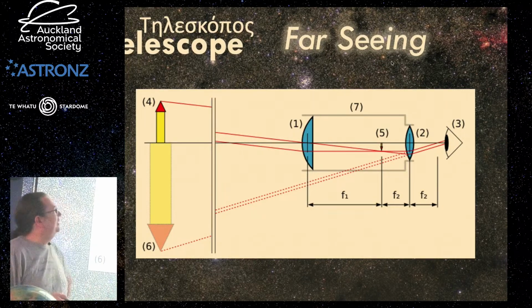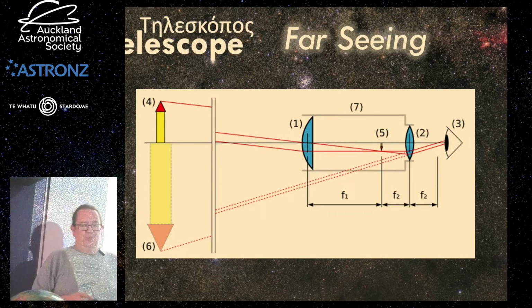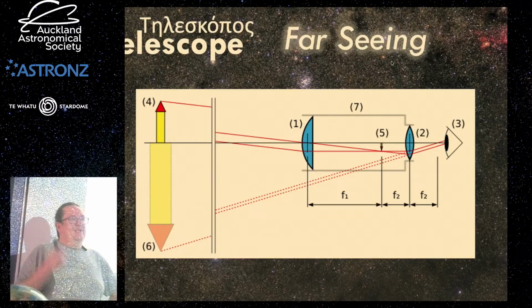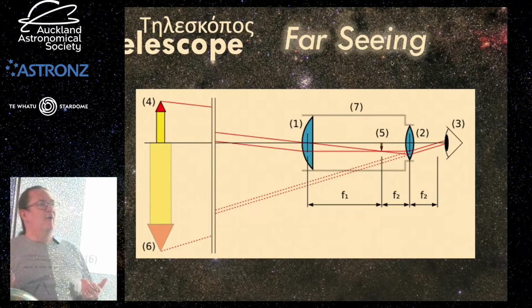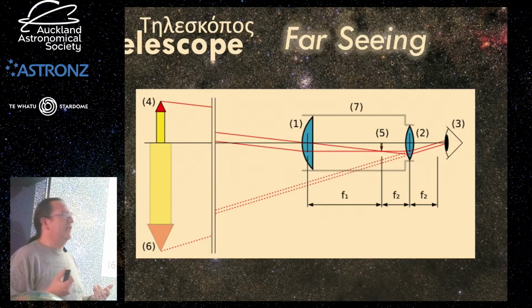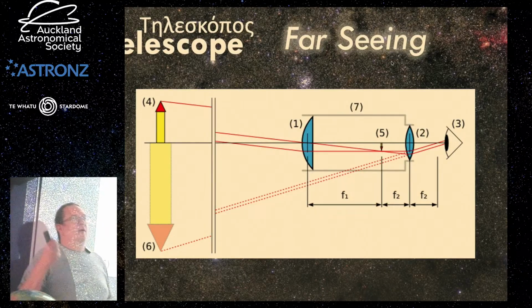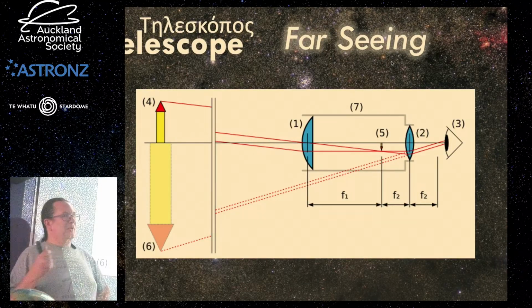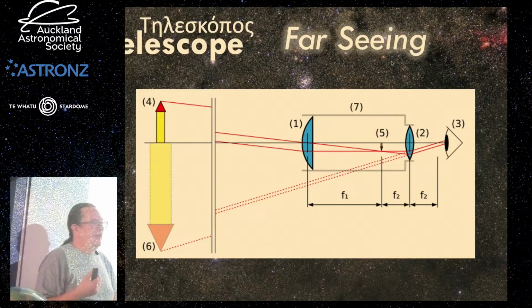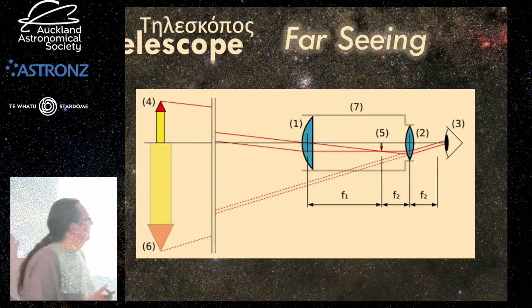And that far-seeing is really important. It means a telescope's really for us to see things that are too faint or too far away for our eyes. When we get into astronomy, oftentimes we think about a telescope as being something that makes things bigger. And making things bigger and magnifying is part of it, but actually it's more about capturing more light.